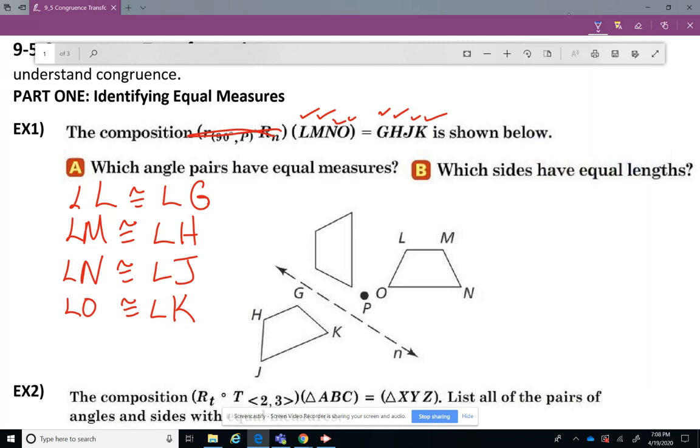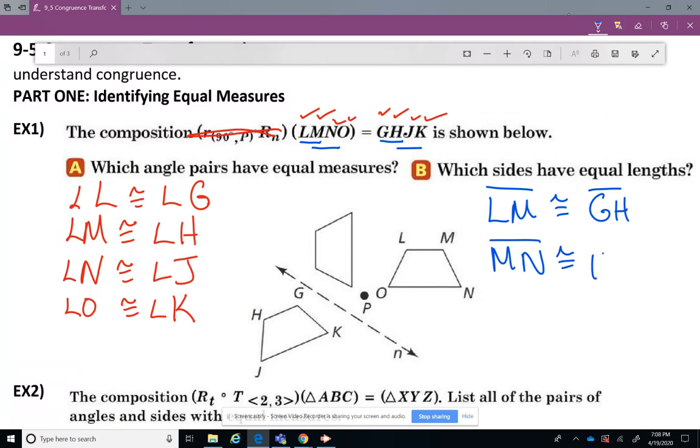We can do this the same way. LM and GH. Segment LM is congruent to segment GH. MN and HJ. MN is congruent to HJ. NO and JK. No, just kidding, right?